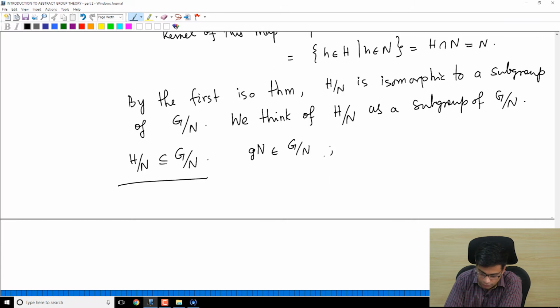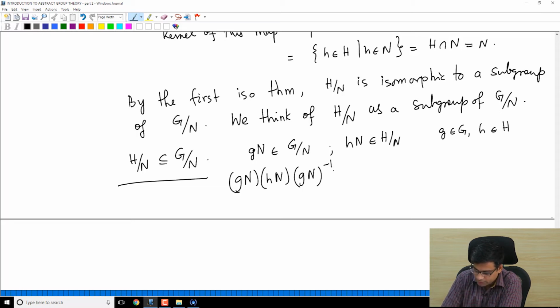What is an element of H mod n? It is an element of this form, because these are left cosets of n in H. So g is in G, h is in H. And what do we consider? We consider Gn times Hn times Gn inverse.